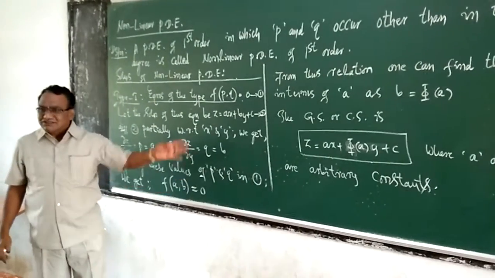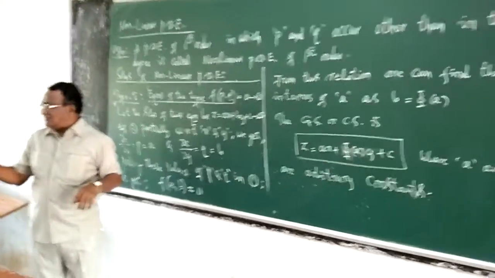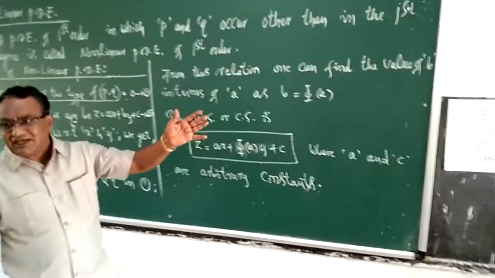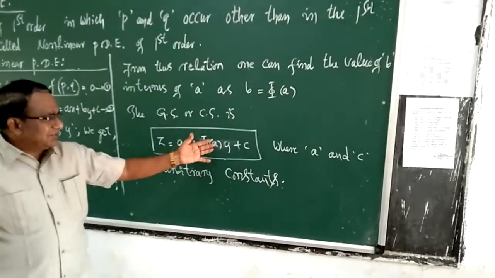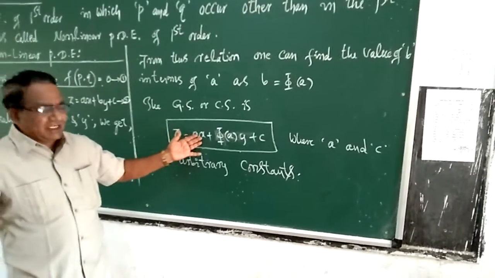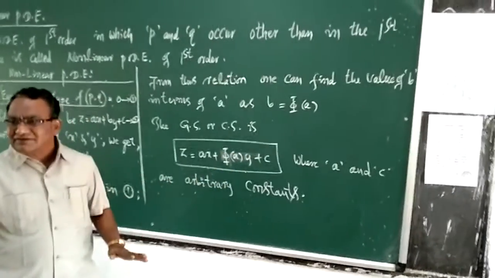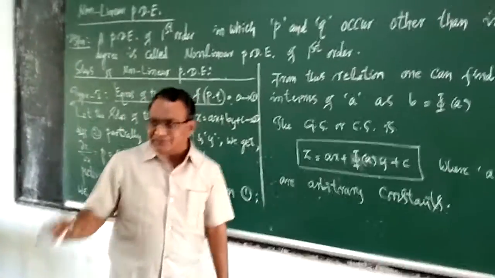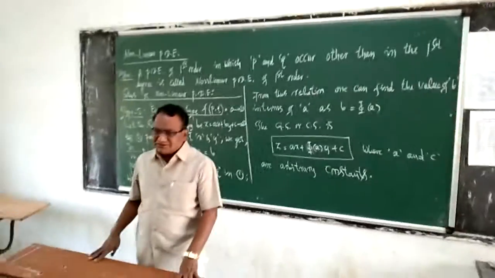Substitute those values in the given equation. And from that relation, try to obtain b in terms of a and put those values of b in the second equation, that is z is equal to ax plus phi a into y plus c. Very simple, and definitely questions of this type will be for 2 marks in the examination.